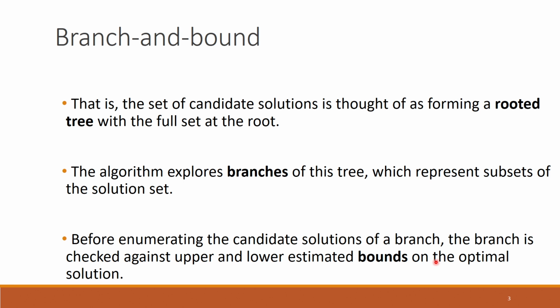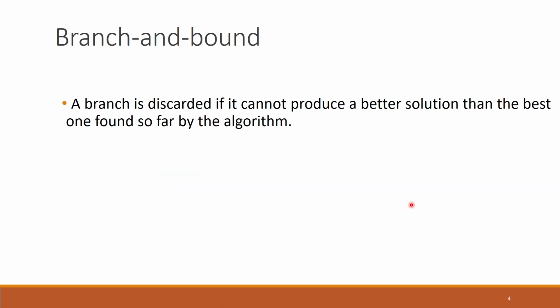If we already have a solution which is better than the best solution this branch can give, then there is no point in looking further into that branch or region, so we can discard it. This will become clearer with an example that I will be discussing in the next slides.